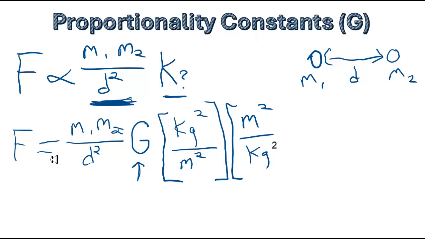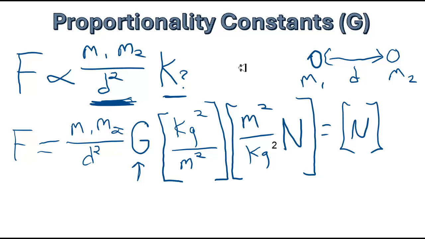And then we know that the units for this equation have to end up being the Newton, so we just write the Newton here. The final units are going to be just the Newton. Notice that I'm always putting my units in square brackets, like I always do, to distinguish between the unit section of an equation and the actual equation itself.